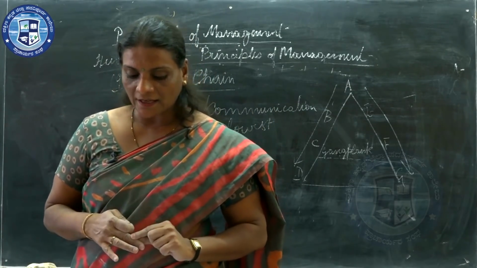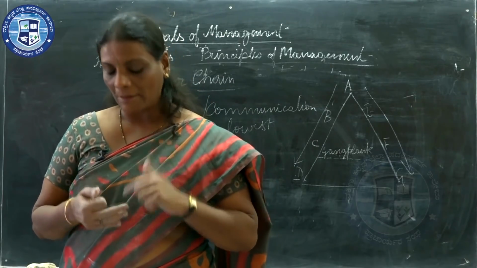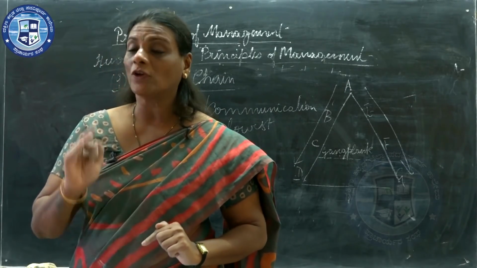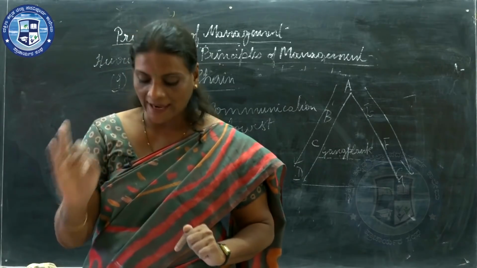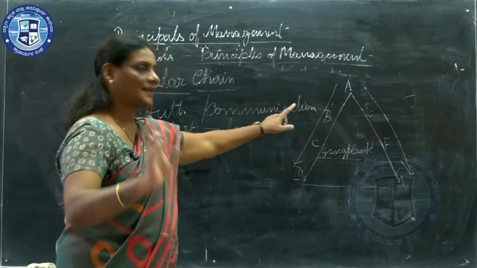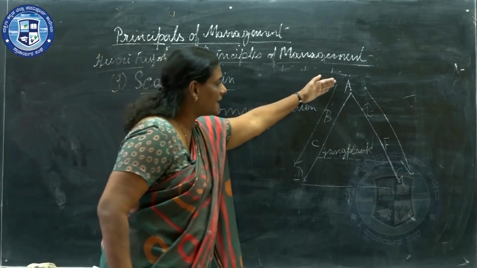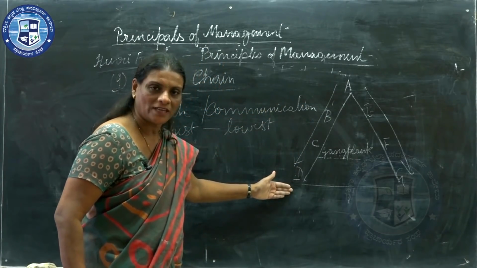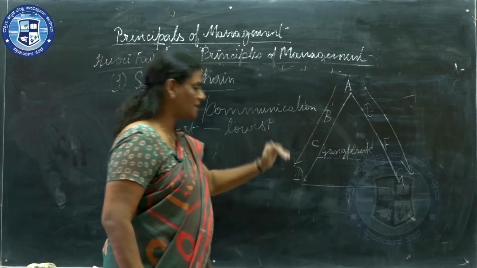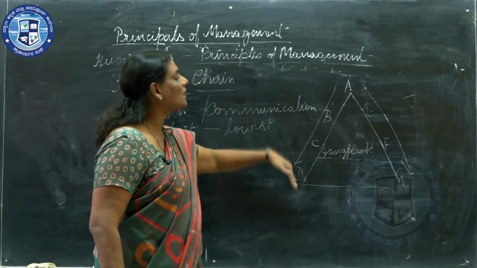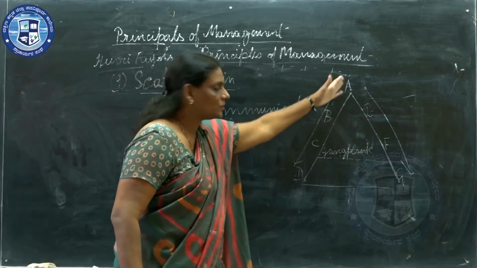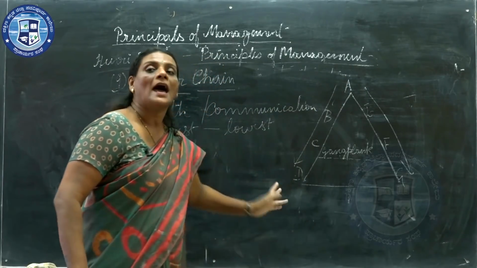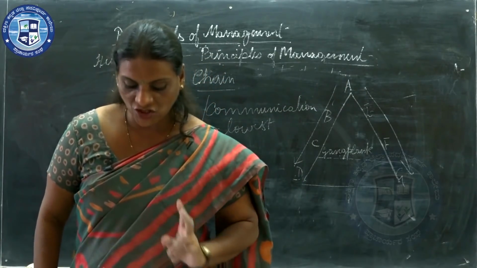Each communicator going up or coming down must follow through each position in the line of authority. As I told you, it has to follow from A to B, B to C and C to D. A cannot directly give directions to D, or D directly approach A. So, this line of authority has to be followed in the scalar chain.